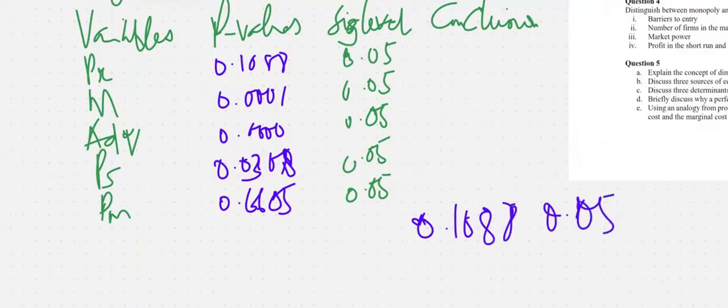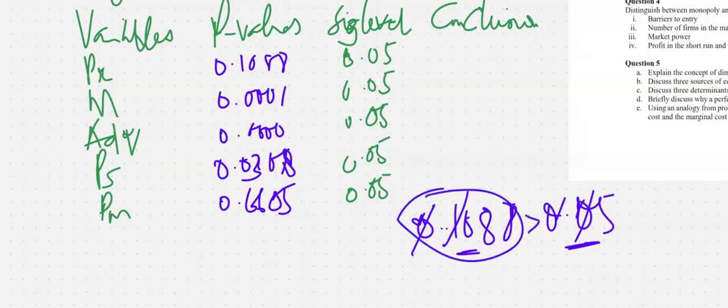So 0 for the p-value, 0 for the significance level. We have the points for each of them. We have 1 for p-value. We have 0 for the significance level, right? So we say that the p-value is greater than 0.05. And what does the rule say?